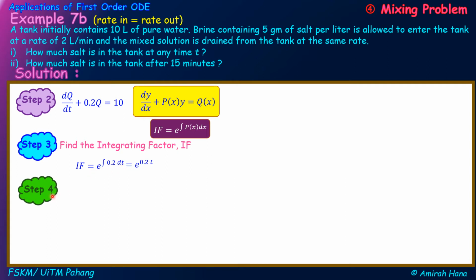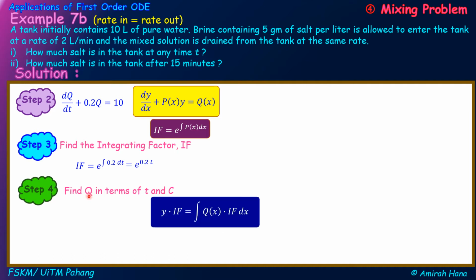Right after that, we continue with step 4: find Q in terms of t and C. Q means the amount of salt. So we compare with the solution for linear equation, y times IF equals integration of Q(x) times IF dx.